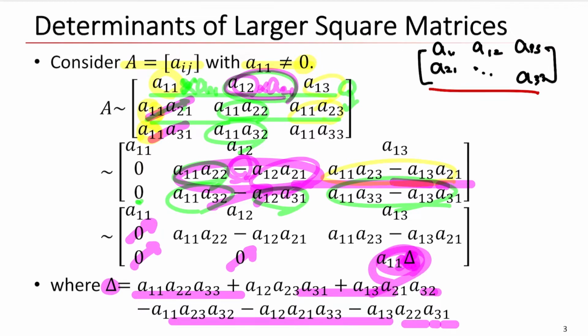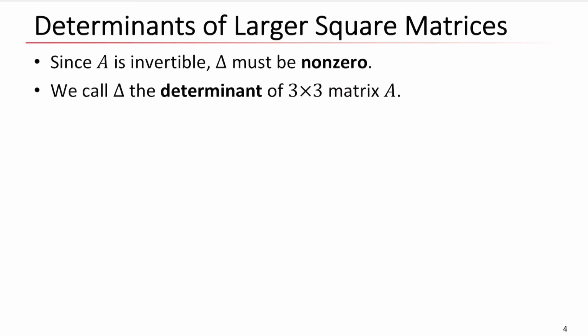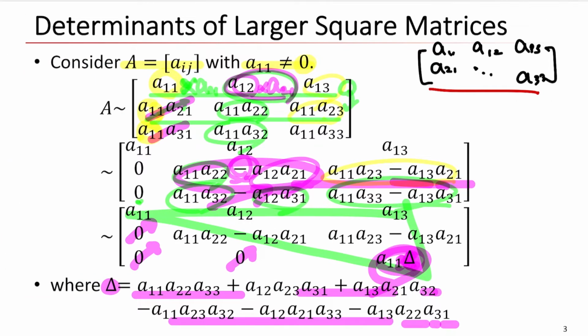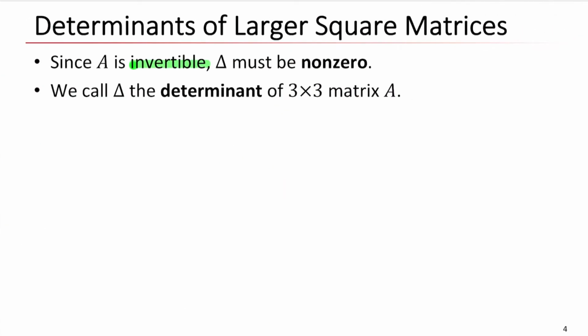Anyway, by using the row reduction algorithm, we make the echelon form of the matrix A here, something like that. And then if matrix A is invertible, then this triangle must be non-zero, right?